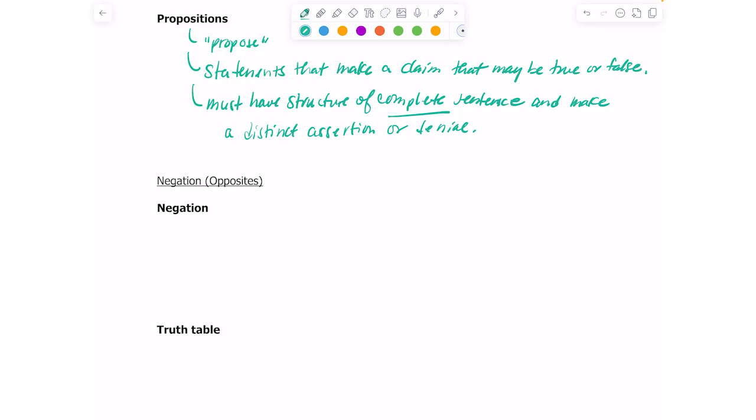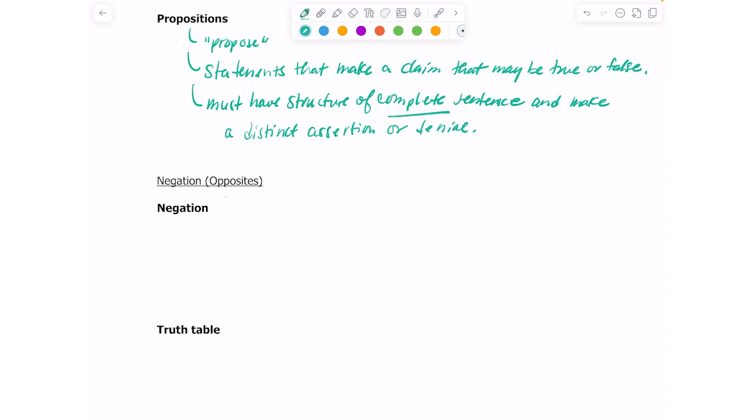So, an example of a proposition could be North America is in the northern hemisphere, right? That's a proposition. It's a complete statement, and it also makes a distinct assertion. You could say Florida is in the south of the United States. That's a proposition.